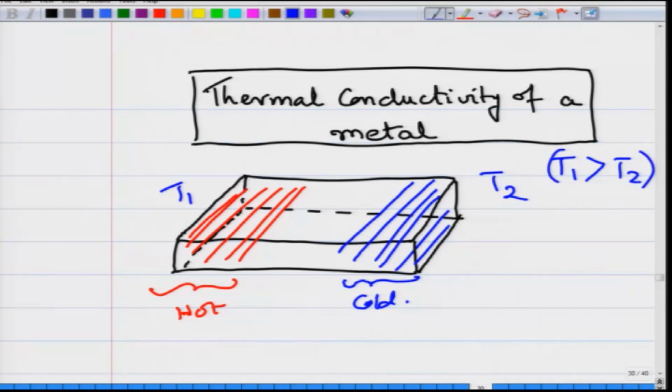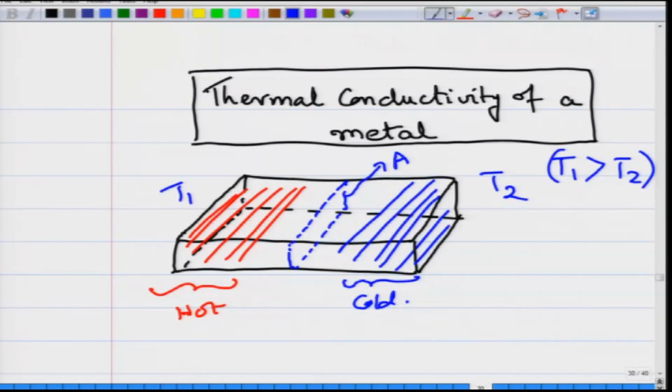And then what you do is that you will measure, for any cross sectional area in the sample, this is your cross sectional area, how much is the net amount of thermal energy which is crossing this particular area? Say A is the cross sectional area of the sample.